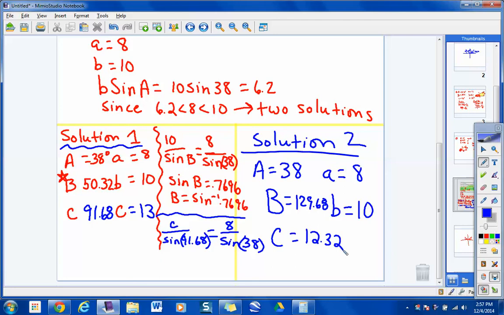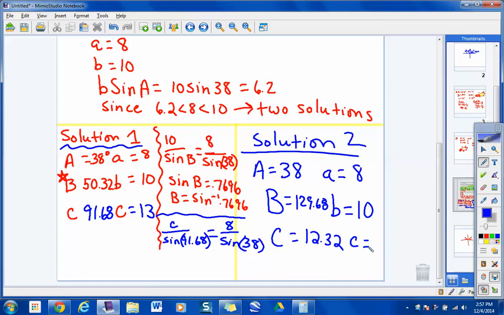What's the last thing we have to find here? Side C. Now I'm kind of out of room here. Again, these all three add up to 180. I'll put the rest of my work over on the side here. But to find side C in solution 2, I would say small c over the sine of how many degrees?